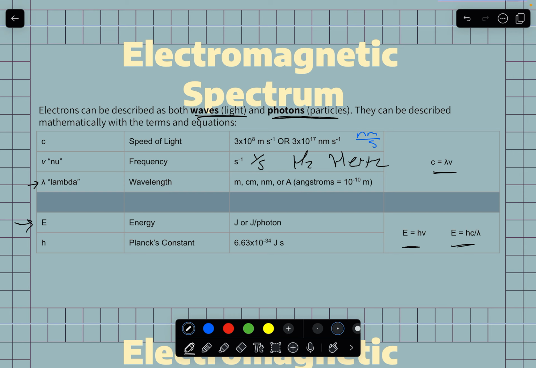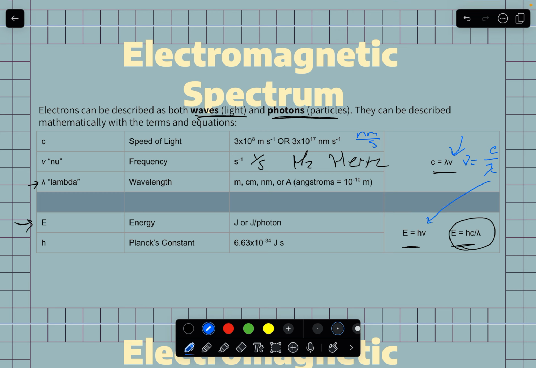So you have these three equations. Not all of them are on your reference sheet. This third equation is not on your reference sheet. The way I got that is I rearranged the one on the top. If I solve for nu, nu is equal to c divided by lambda.